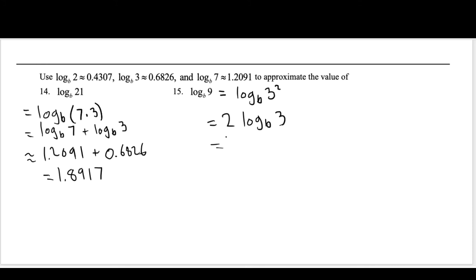And this is approximately equal. Log base b of 3 is approximately 0.6826, so this is about 2 times 0.6826, or it's about 1.3652.